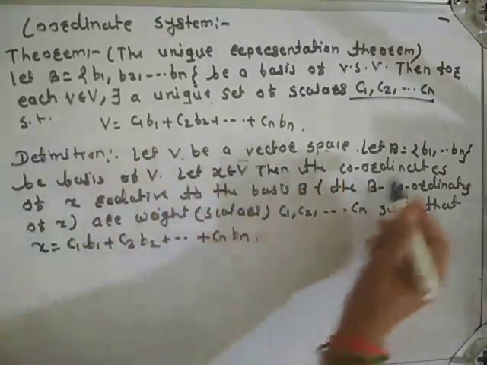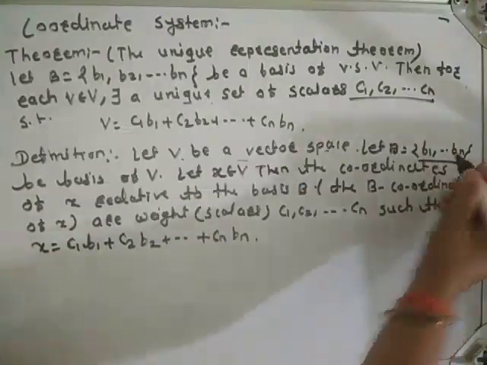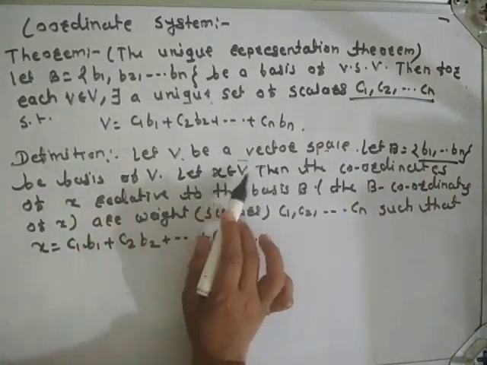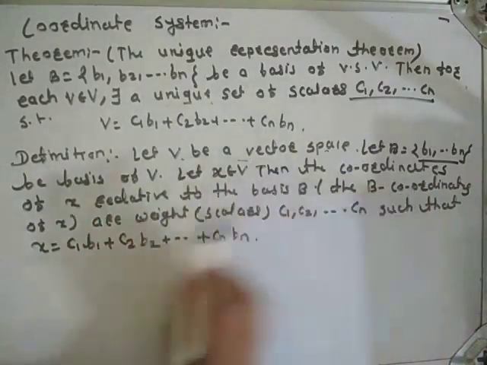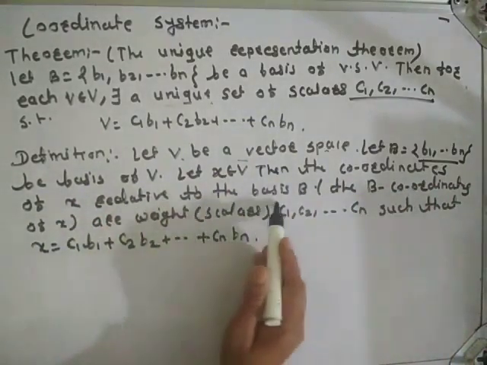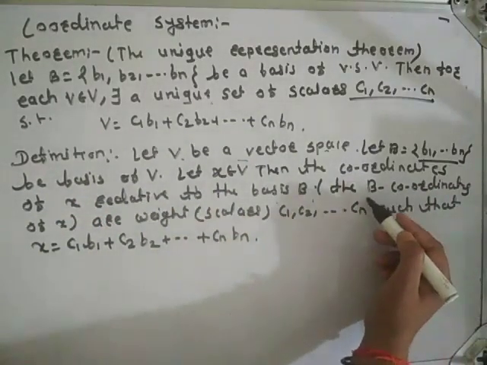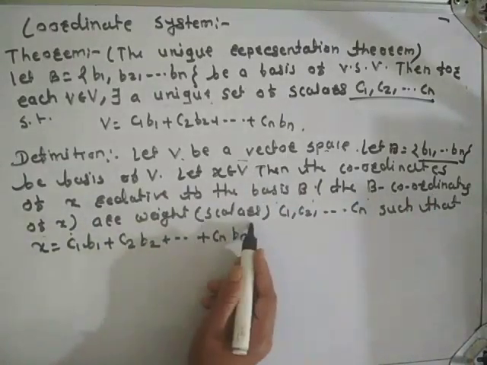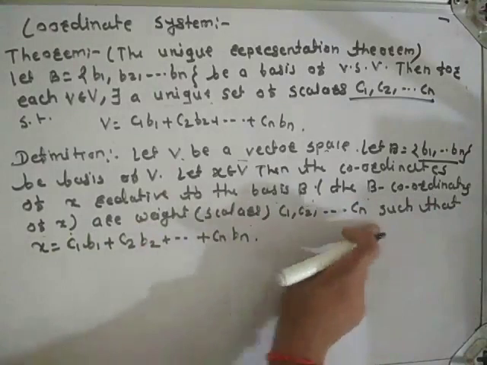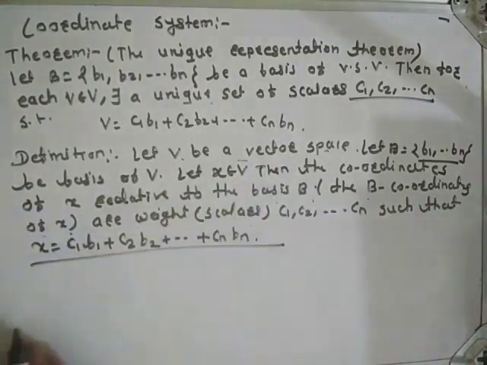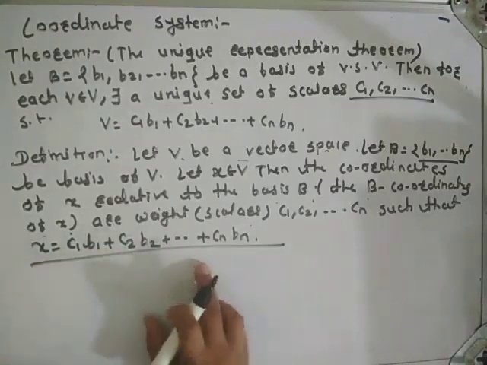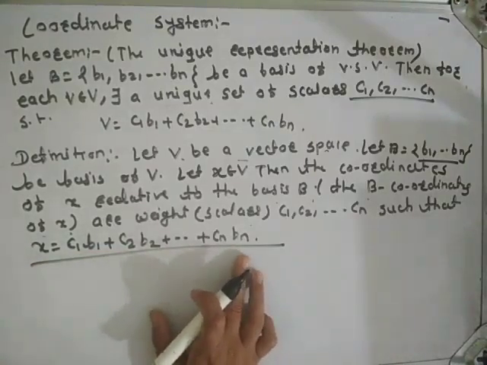Let V be a vector space, and B be a basis of V. Let X belong to V. Then the coordinates of X relative to the basis, or the B coordinates of X, are the weights or scalars C1, C2 and so on such that X is equal to C1B1 plus C2B2 plus and so on CnBn.